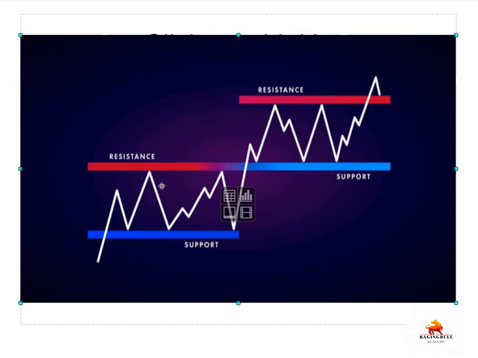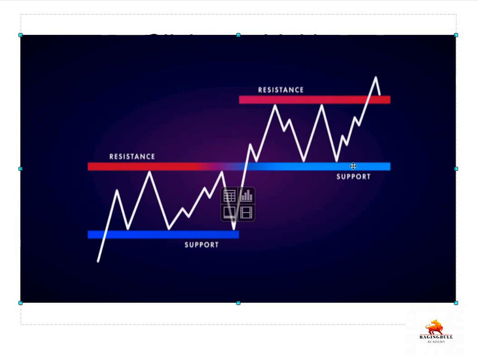Okay, now all of a sudden this trend line breaks the resistance. Okay, now there's a breakout. So breakout happens around here. Now it's creating a new resistance and a new support. Okay, now keep in mind your previous resistance becomes your new support.